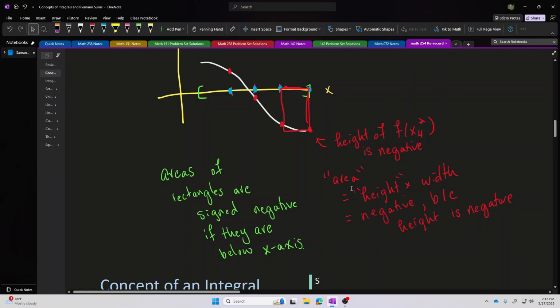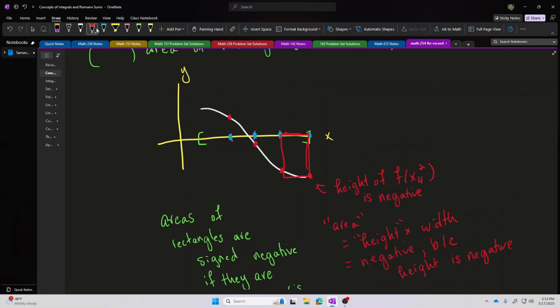So taking into account that some of the rectangles end up negative because they are below the x-axis, and some of the rectangles work out to be still positive because they are above the x-axis, the combination of these negatively signed rectangle areas and these positively signed rectangle areas, the sum of all of those quantities is what we call net area.